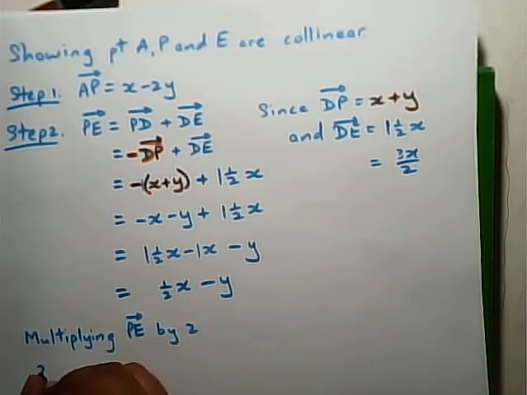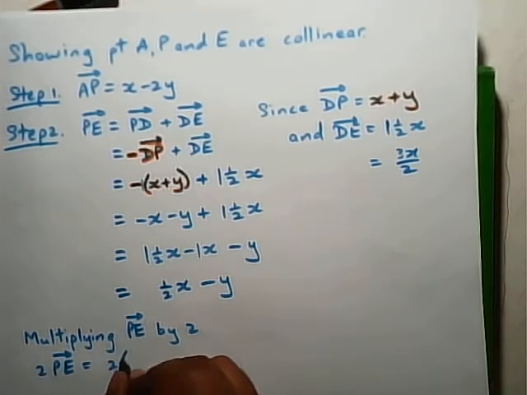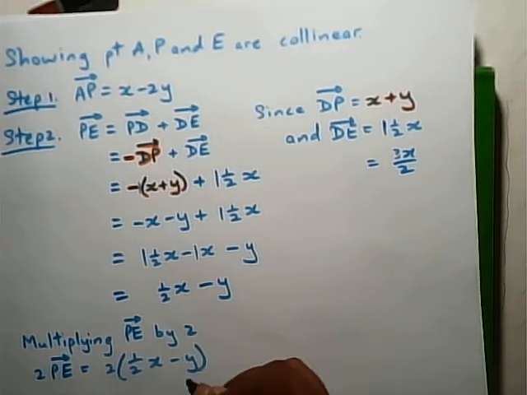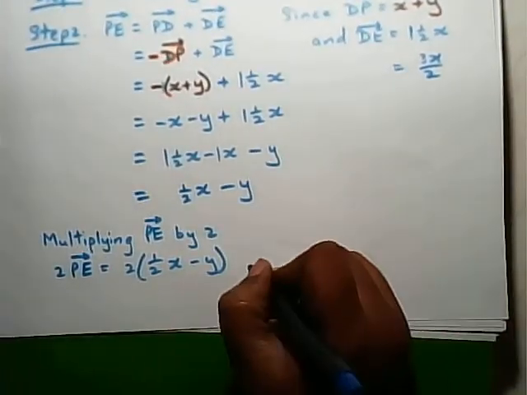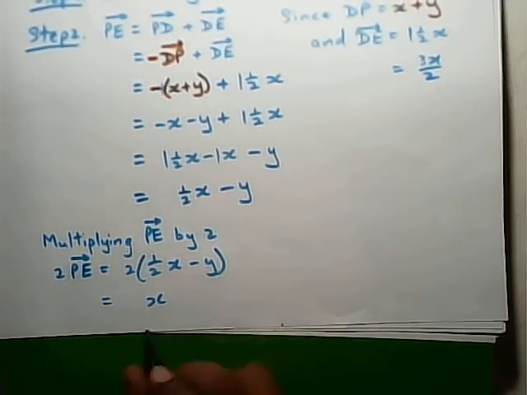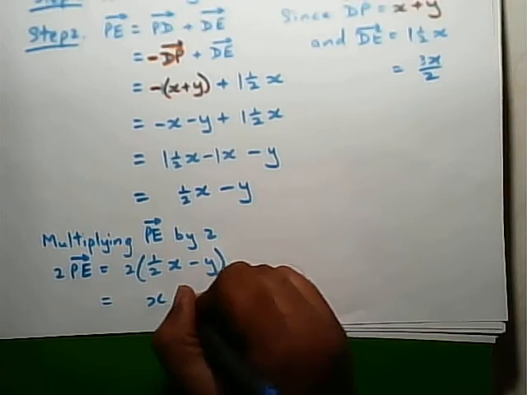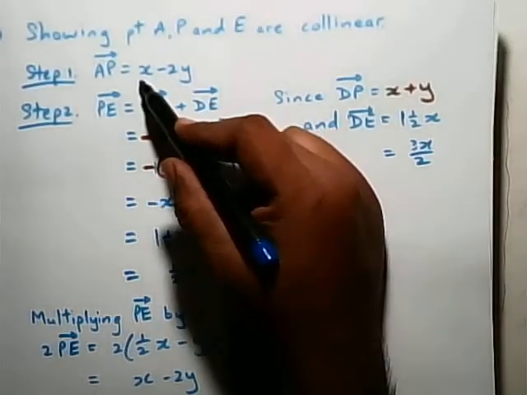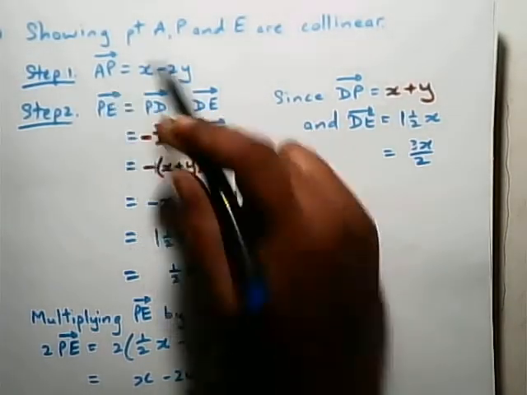That is 2PE. 2PE would be 2 times (half x minus y). What's 2 times a half? 1. And 2 times minus y. And what is x minus 2y? Ta-da! x minus 2y is AP.